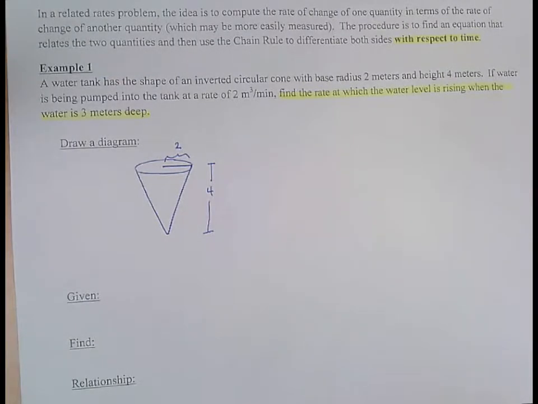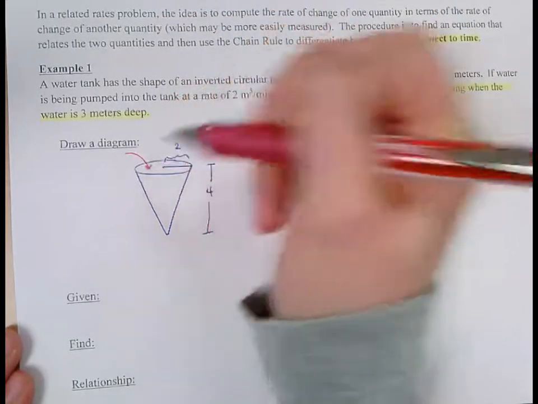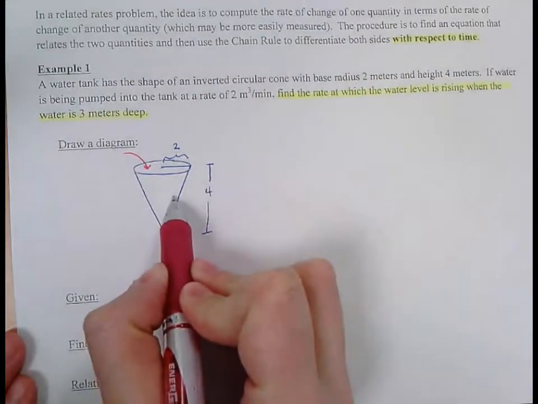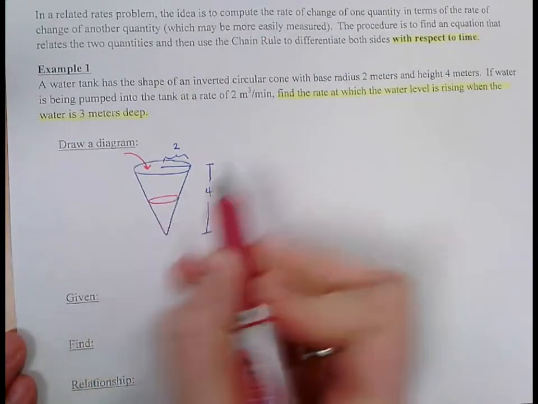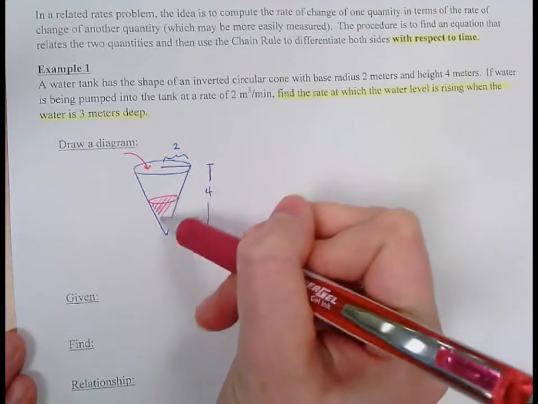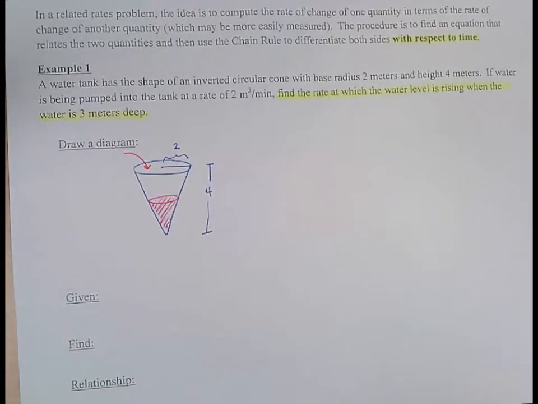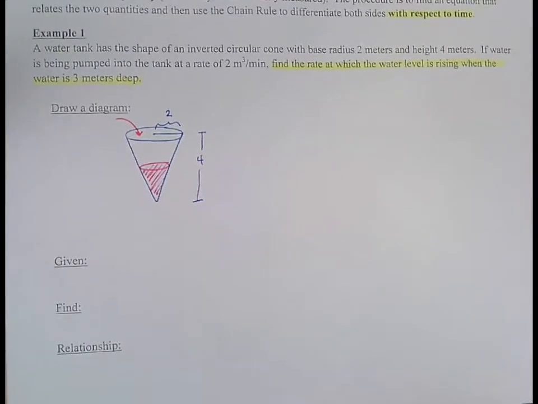And then it says if water is being pumped into the tank at a rate of 2 meters cubed per minute, find the rate at which the water level is rising when the water is 3 meters deep. So we have water being pumped into the tank, and I'm just going to draw it at a random place. So say it ends up here for right now, so this would all be filled with water.